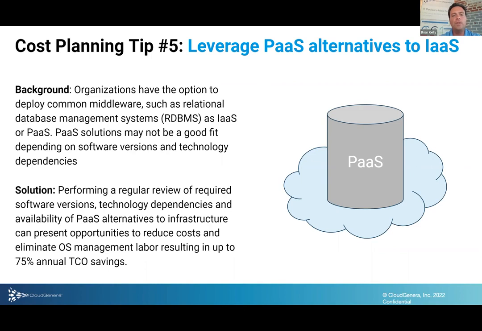PaaS solutions aren't always the best fit. Sometimes they're limited by software versions, and they're limited by technology dependencies. But for workloads where the database can be isolated, can run on its own, vendors often provide a platform as a service alternative to comparable infrastructure.